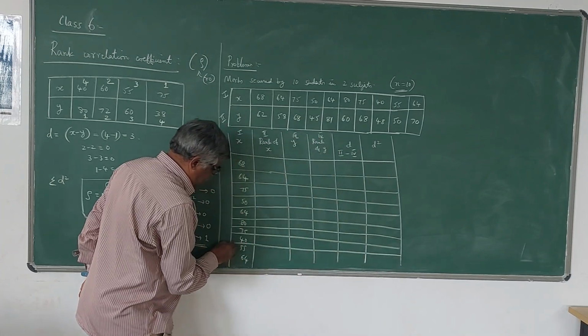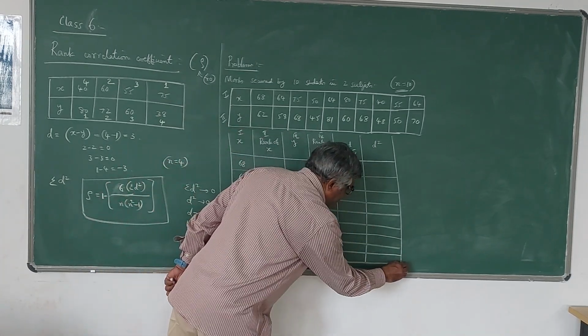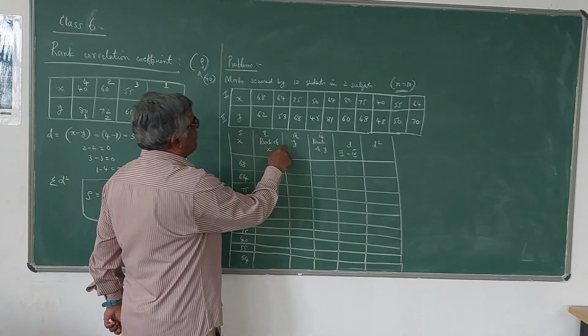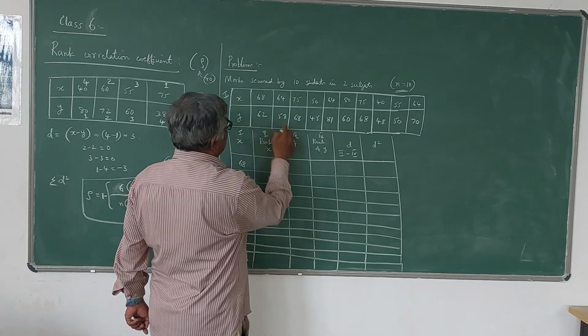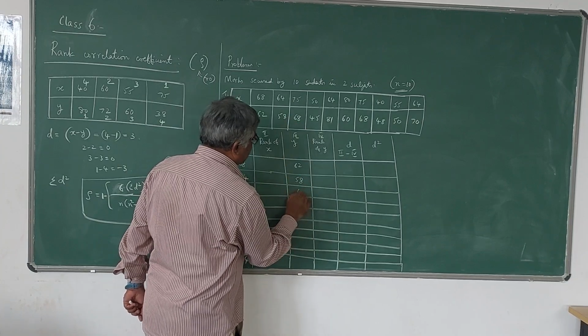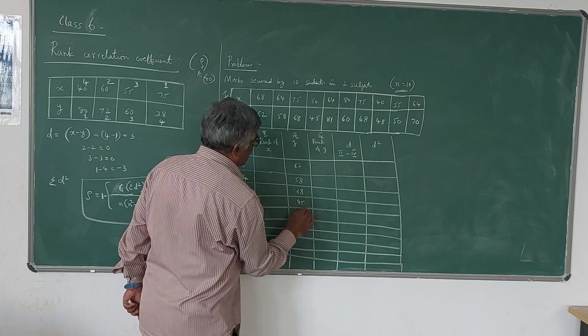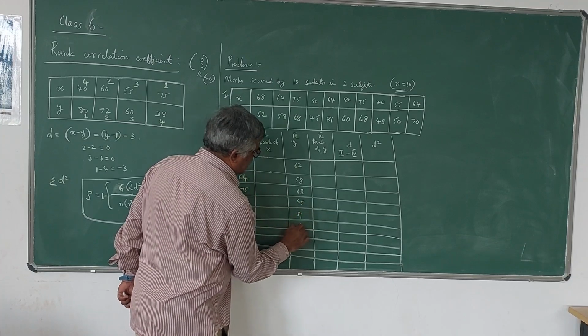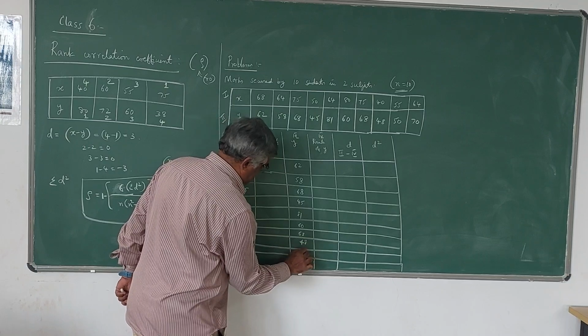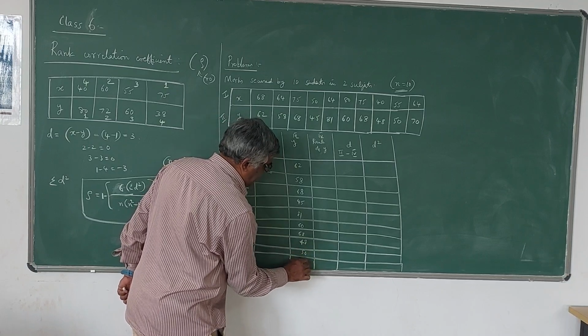So we will form the table. Now the set of y values I will write: 62, 58. The rows will be converted to columns. Then 68, 45, 81, 60, 68, 48, 50, 70.